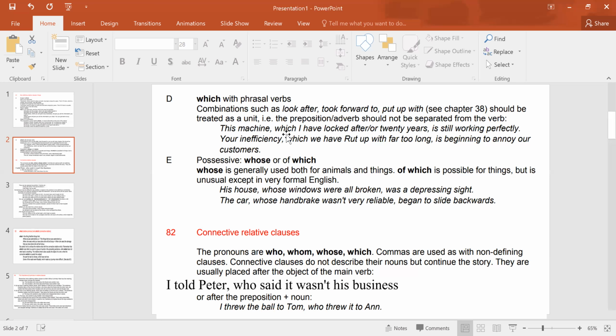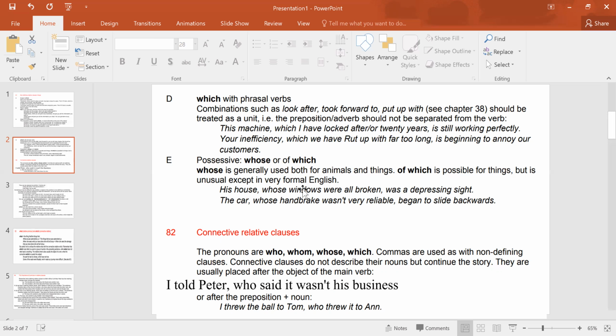There were typing mistakes in the slide here. Here you can see that which has been used with a phrasal verb, like look after. Your inefficiency, which we have put up with for too long, is beginning to annoy our customers.